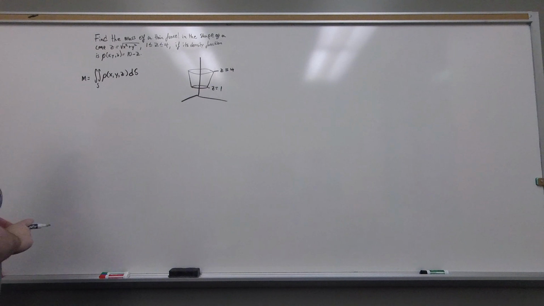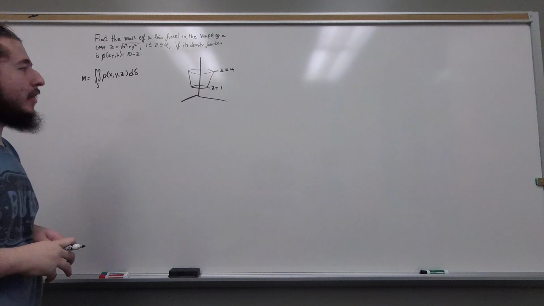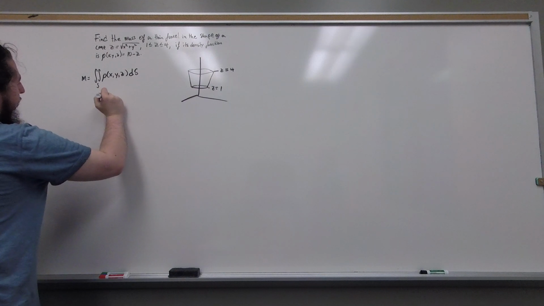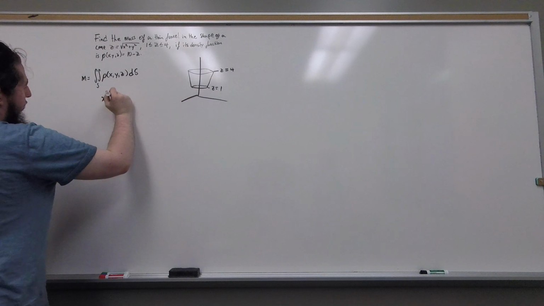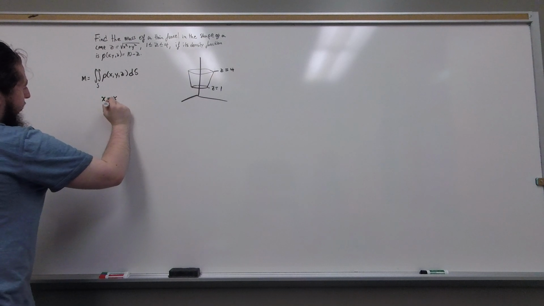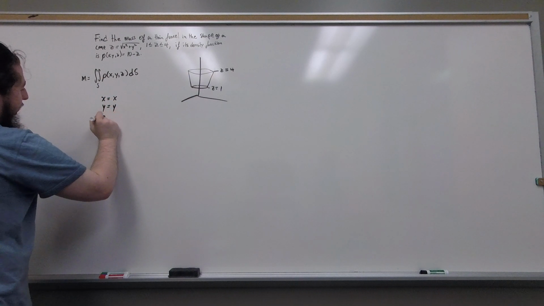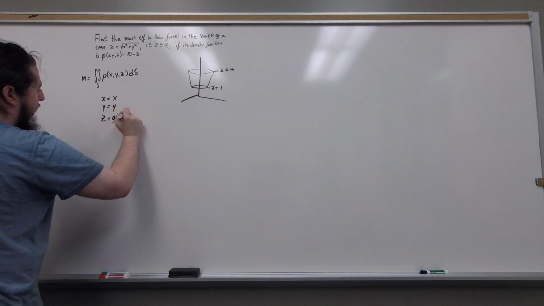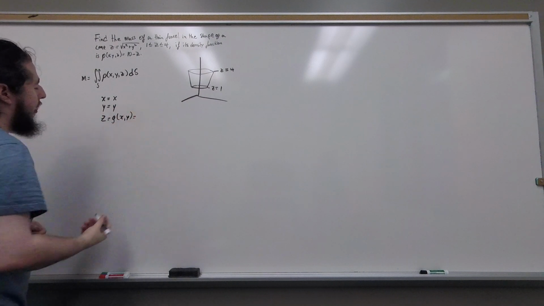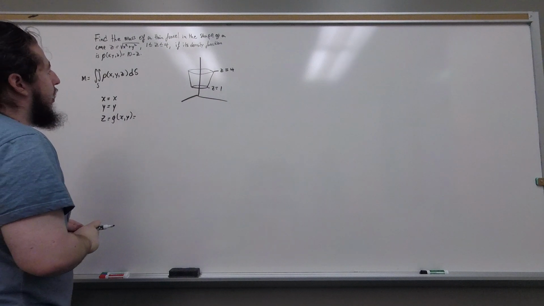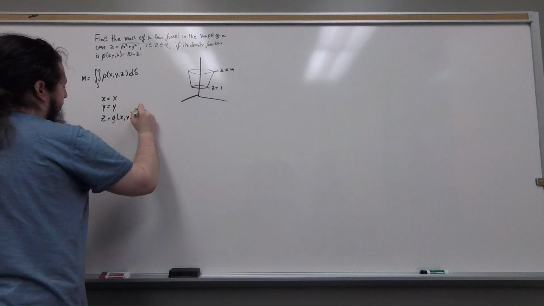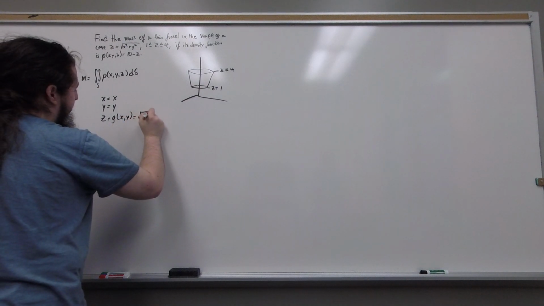We need to parameterize our surface here. I'm going to first use the graph parameterization, where x is equal to x, y is equal to y, and z is equal to a function of x and y, which is the square root of x squared plus y squared.